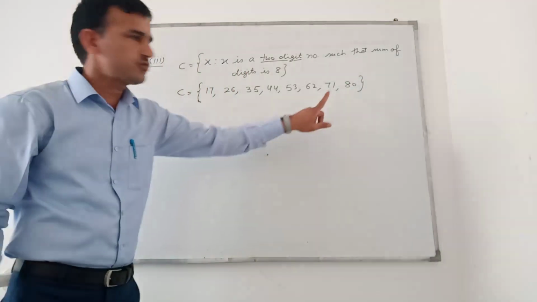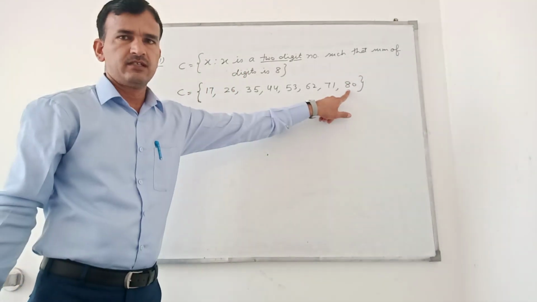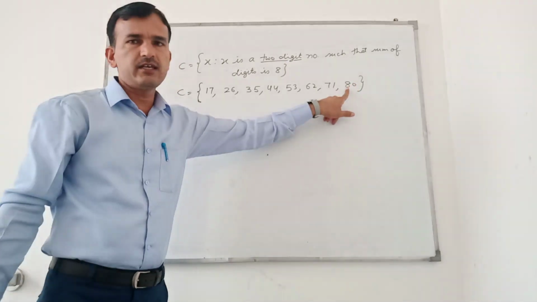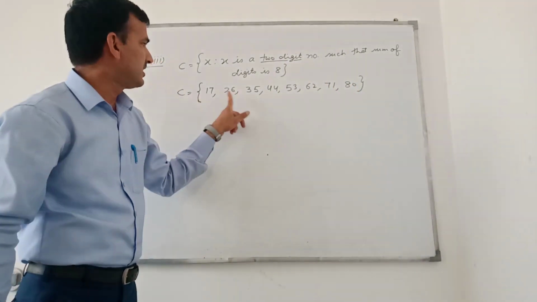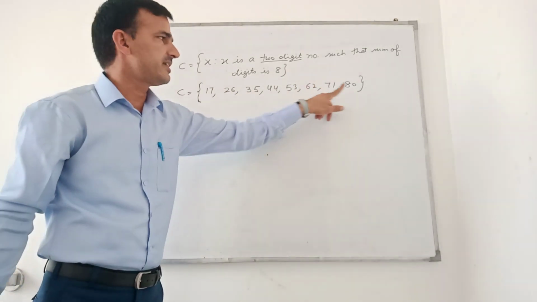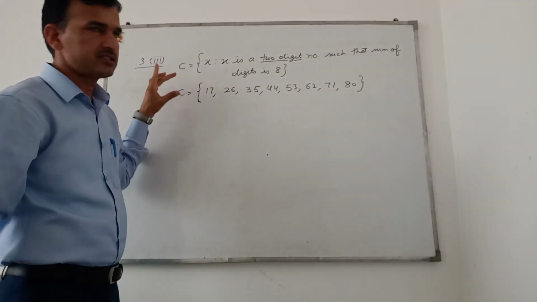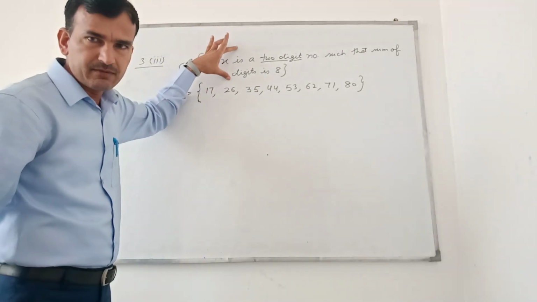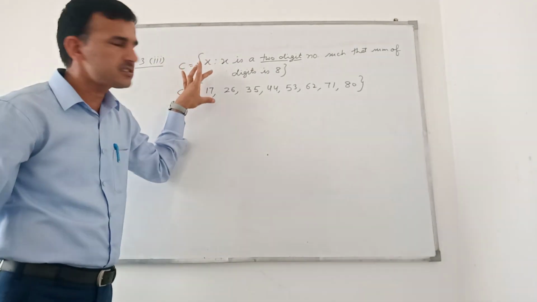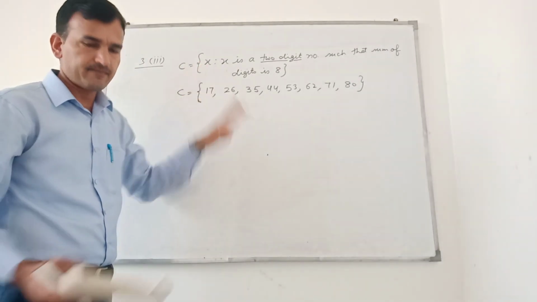These are 2-digit numbers. Clear? 8 plus 0 is 8, 7 plus 1 is 8, 6 plus 2 is 8. These are 1, 2, 3, 4, 5, 6, 7, 8. There are 8 numbers in set C. This is the set builder form and this is the roster form.